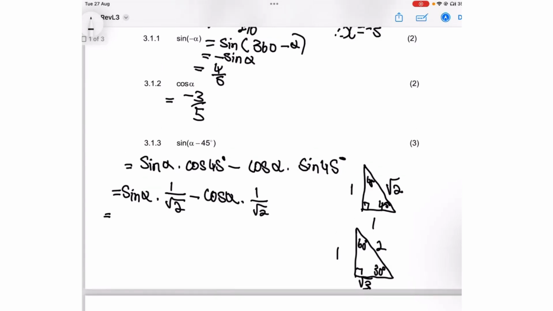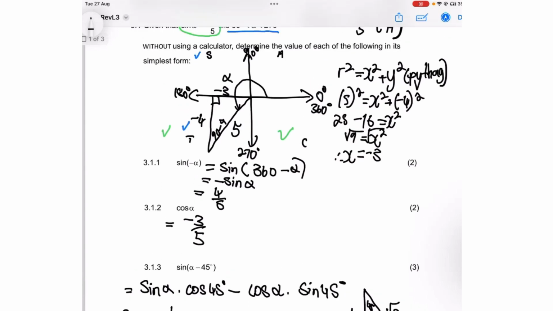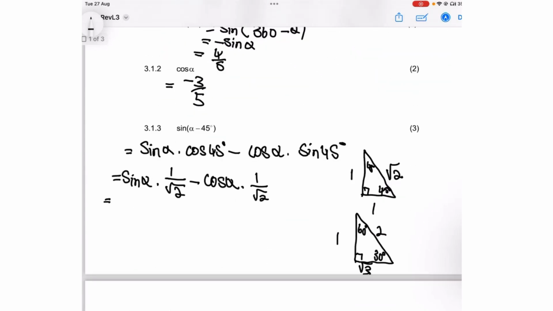So what was sine of alpha? It was given to us as -4/5. So it's -4/5 times 1 over square root 2 minus negative 3 over 5 times 1 over square root 2.